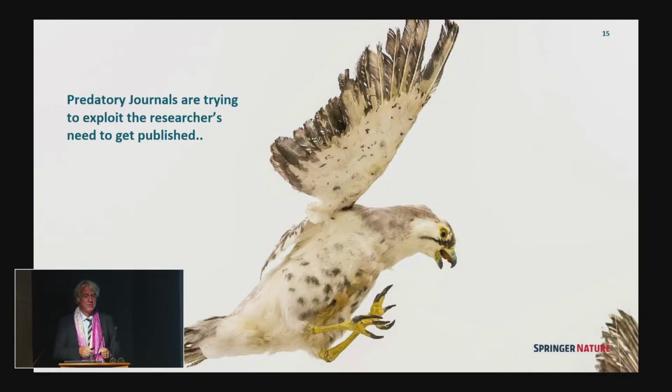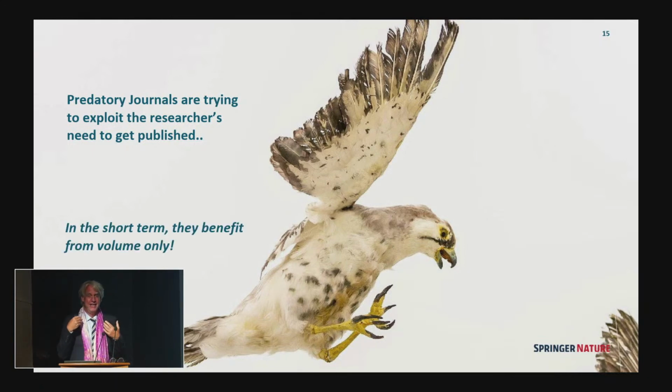But then there's also this strange thing, which I'm sure the librarians here know, which is called the predatory journals. And predatory journals are a quite tricky and difficult thing, because they take the researchers on a ride and want to exploit them to get published. And they live off a lot of numbers and a lot of big numbers.